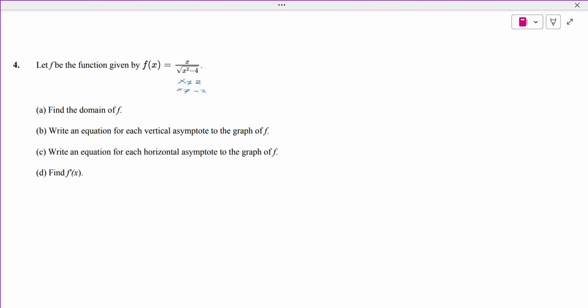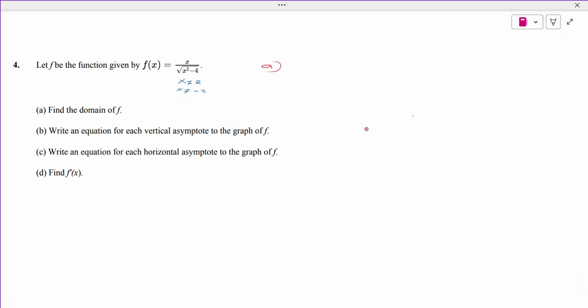And also we have a square root in the denominator. So we need to make sure that what we have under the square root is not negative, right? Let me just write it here.